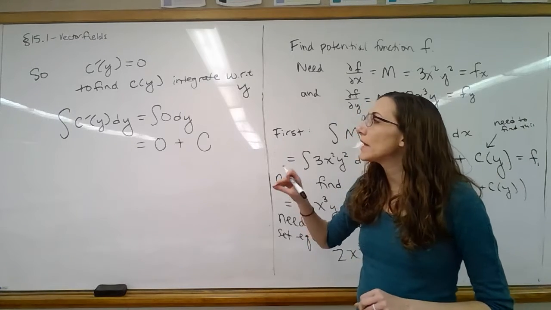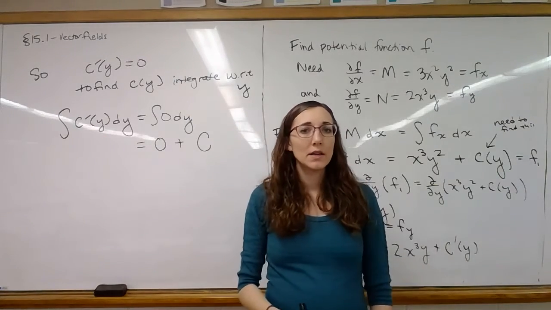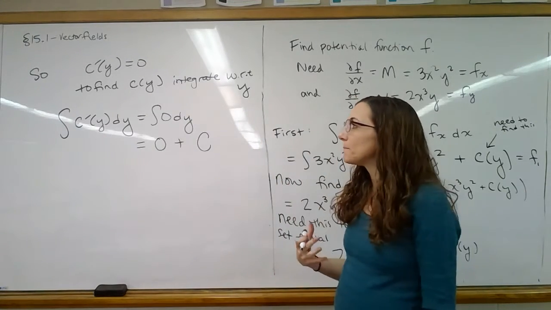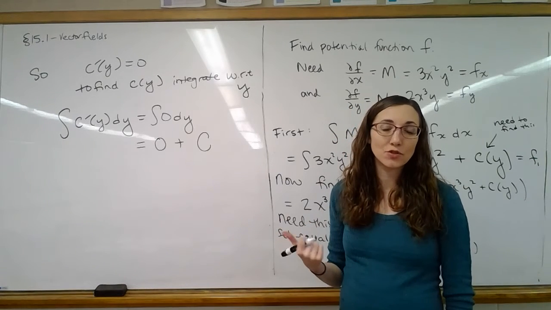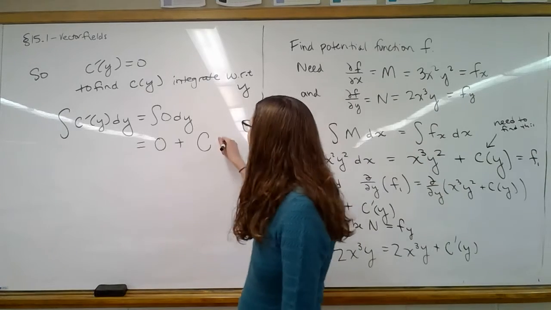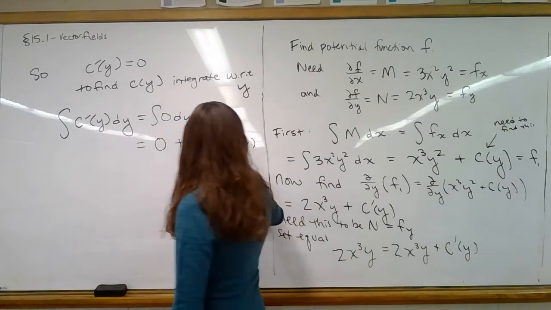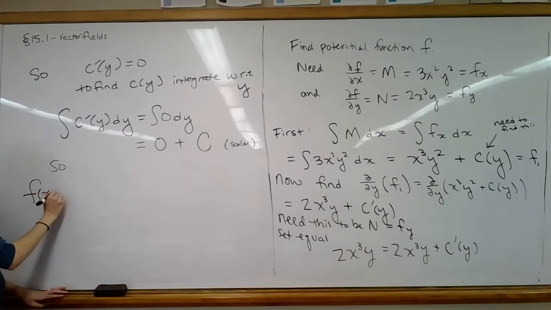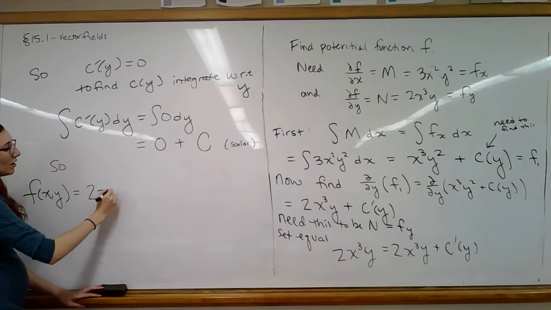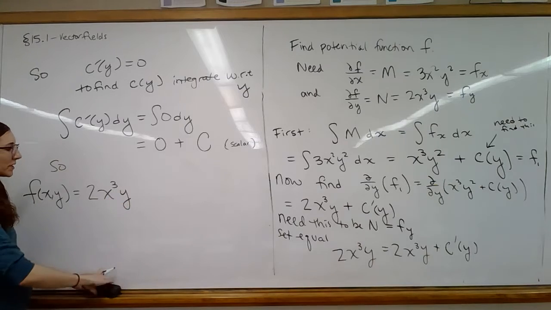Now, in this case, we weren't integrating a multivariable function. Notice it was just a function of y. So there's no x's in this one. It's just functions of y. So this c is truly a scalar. So then what we have is that f of xy is going to be, we've had that 2x cubed, that was the derivative.